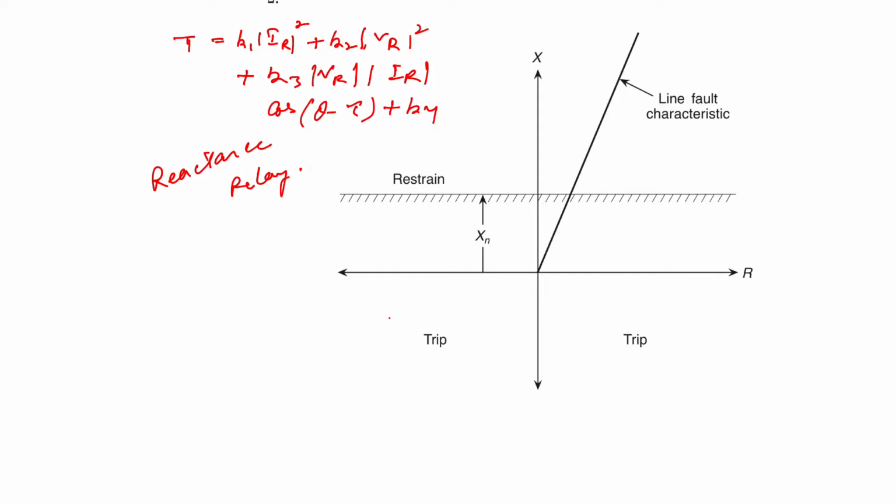So good morning everyone. Now we'll discuss the reactance relay. The trip law for the reactance relay can be obtained by using the universal torque equation that we have discussed.